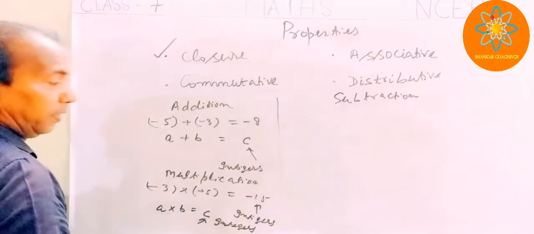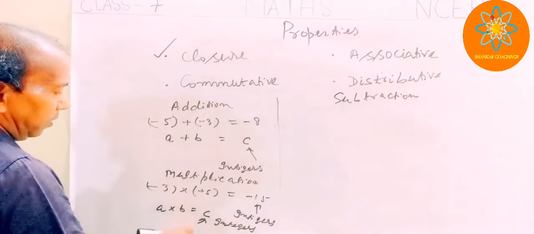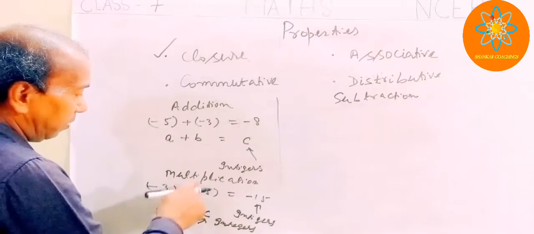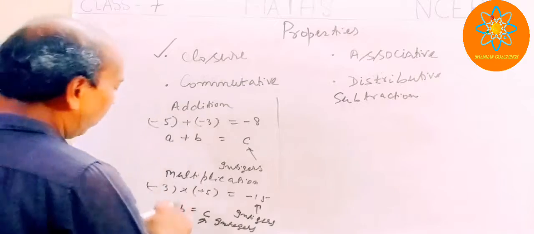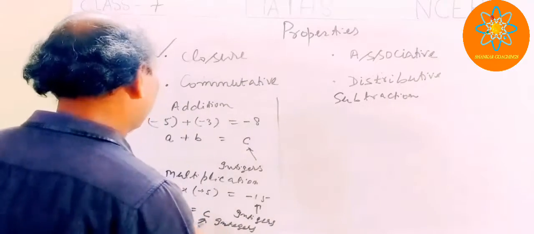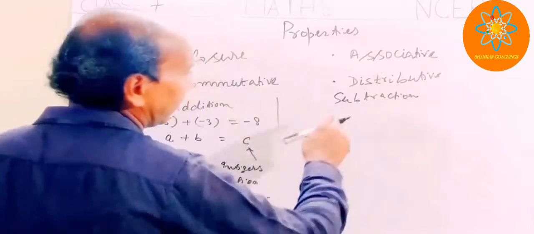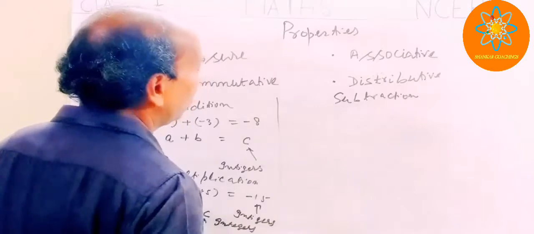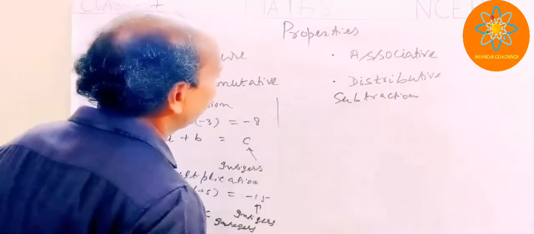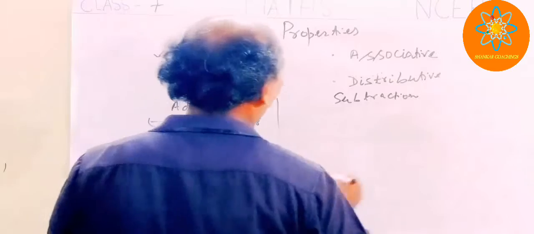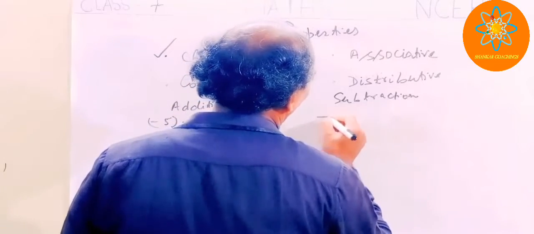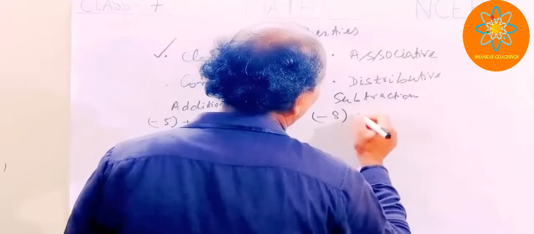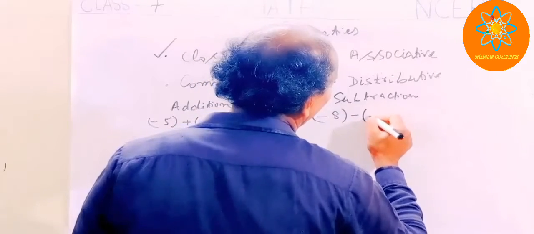That means this is the closure property for the multiplication. This is the general case. Now for the case of the subtraction, let's suppose I am taking one example, minus 8 minus 3. I want to take this one.